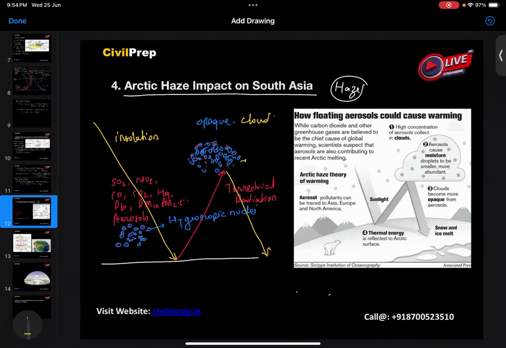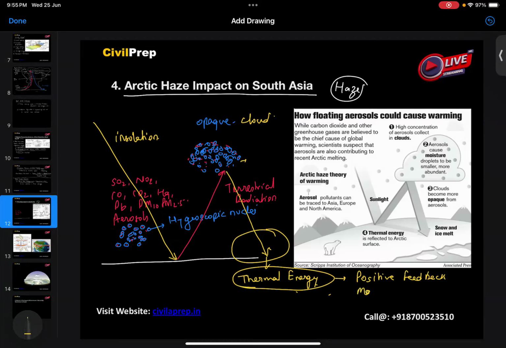So because of this, there will be an increase in the thermal energy in the system, which will act as a positive feedback mechanism with respect to the formation of more clouds, then more pollution, and more heating.